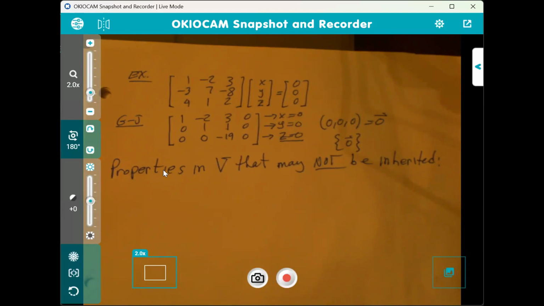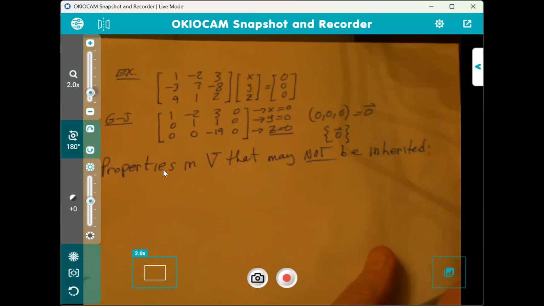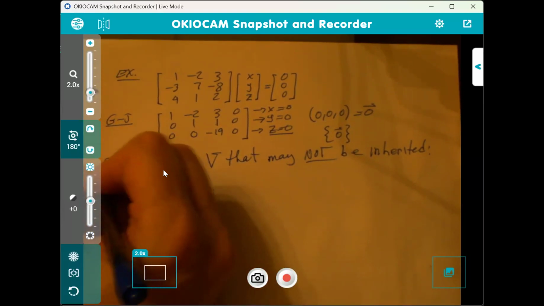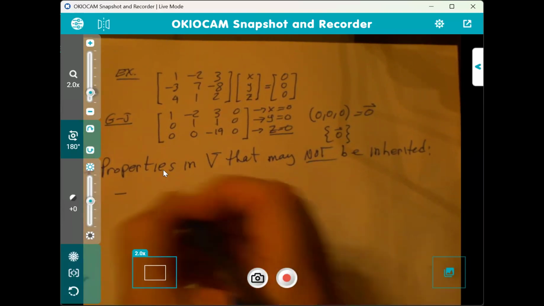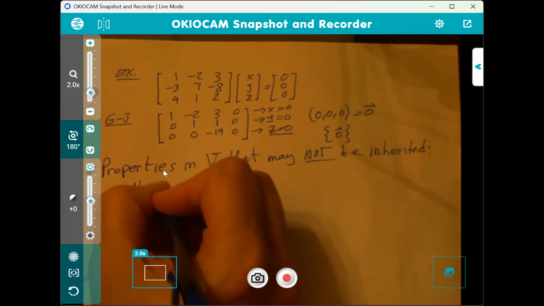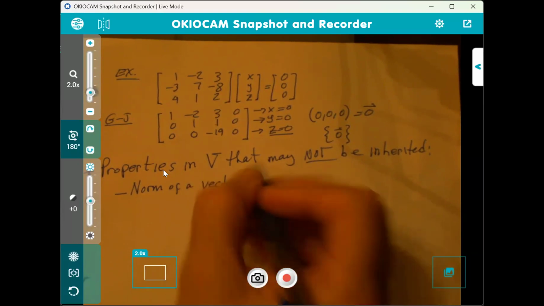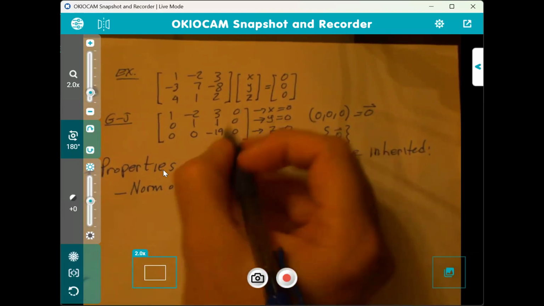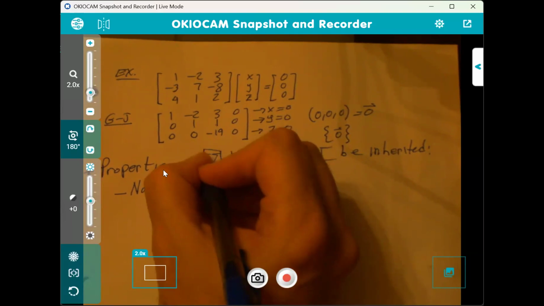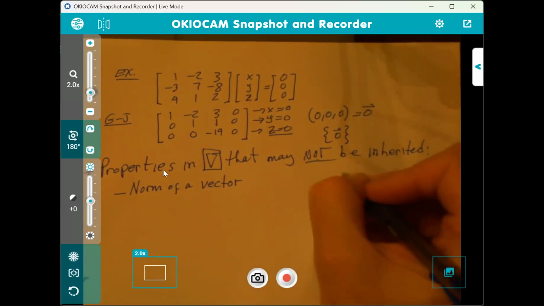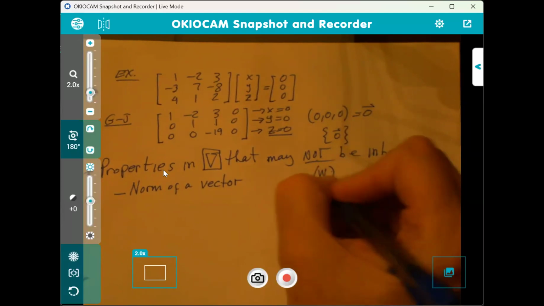So what are some of the things that are not inherited other than the scalar multiplication and the addition, right? We talked about. So these are the things that are not necessarily inherited. The norm of a vector is not inherited. And everything that I'm listing is in V. It may not be in W, and not inherited means not in W.